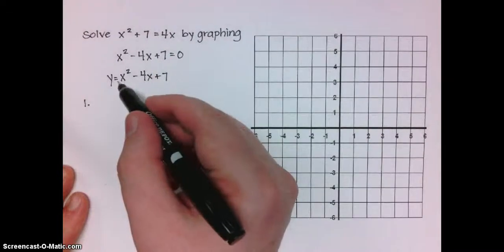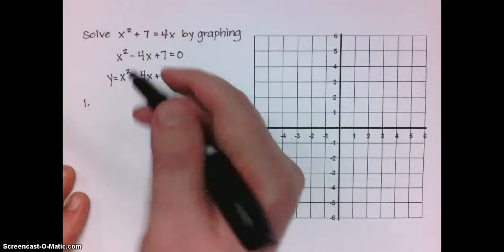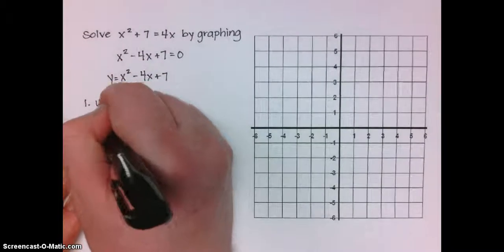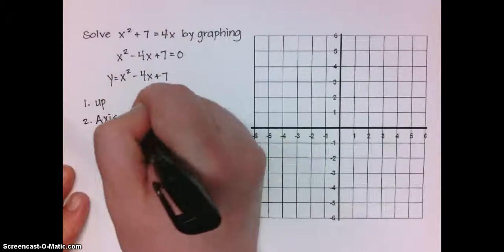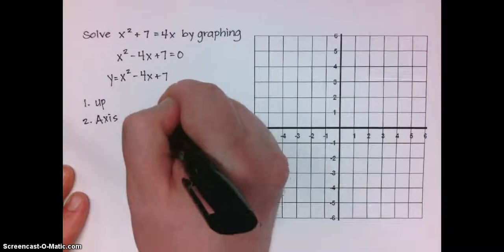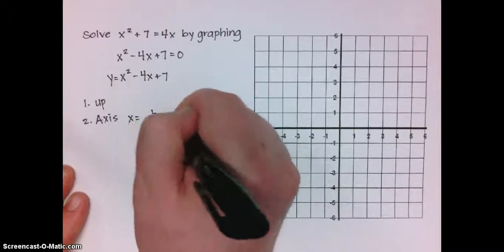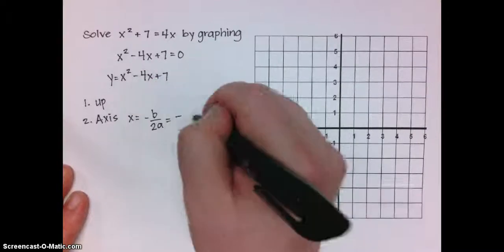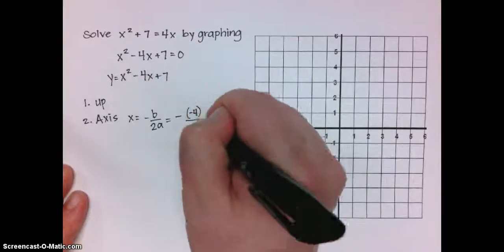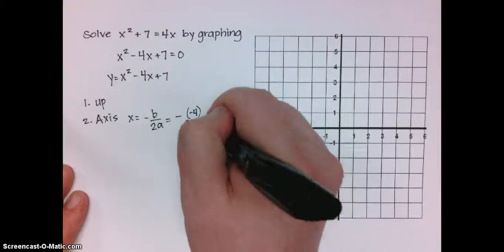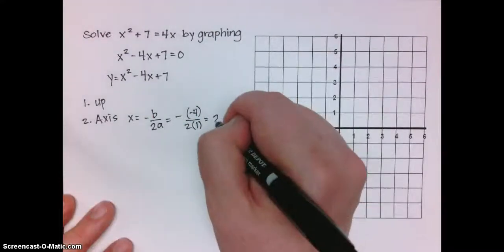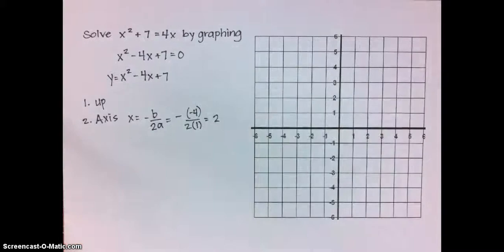Has a positive number right there, so it's pointing upward. Second thing is, let's look for the axis of symmetry. Again, x is equal to negative b divided by 2a. Okay, this is going to be negative 4 on top, divided by 2 times a is 1. Negative is positive, so 4 divided by 2 is 2. Okay, so I'm going to draw my axis of symmetry where x is equal to 2.